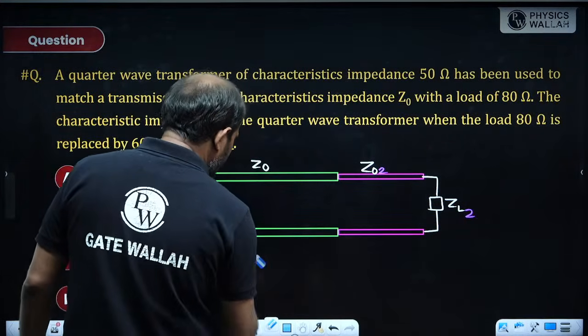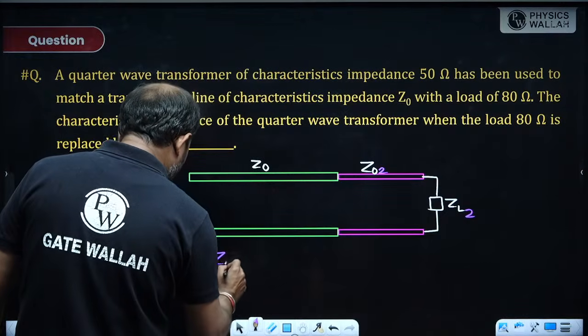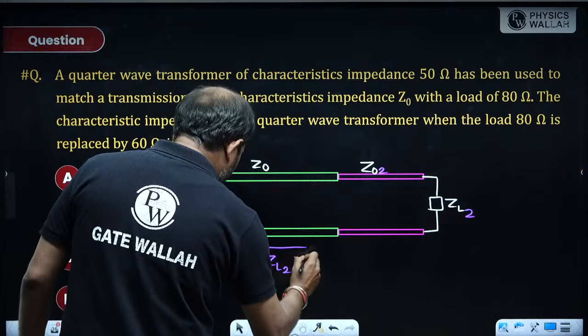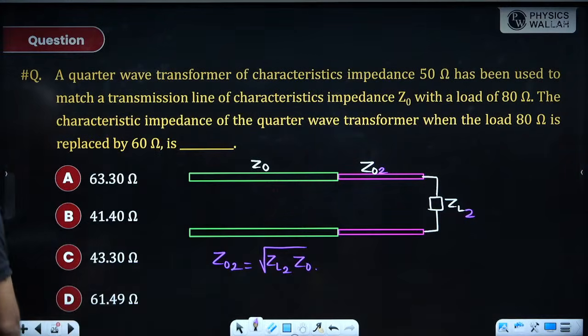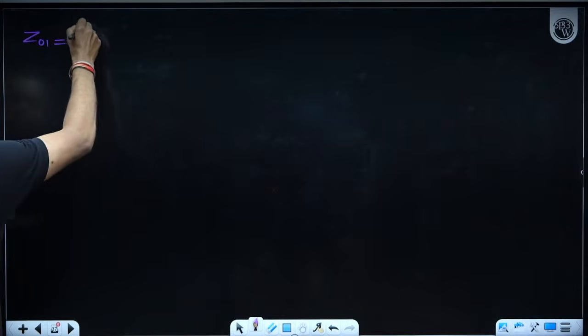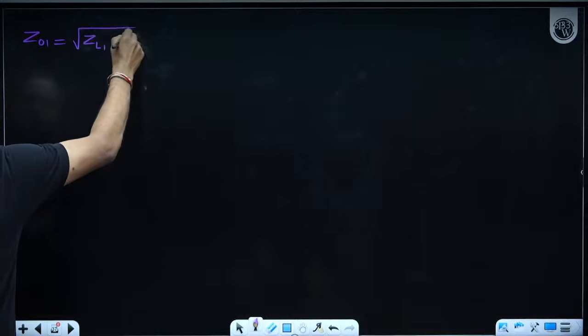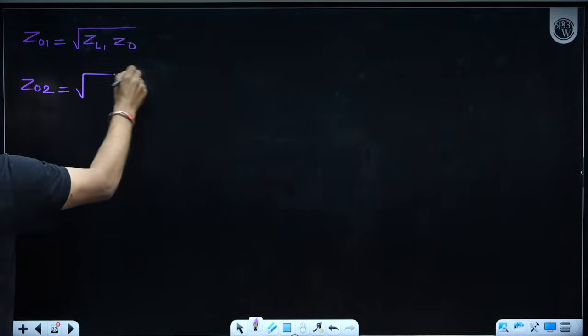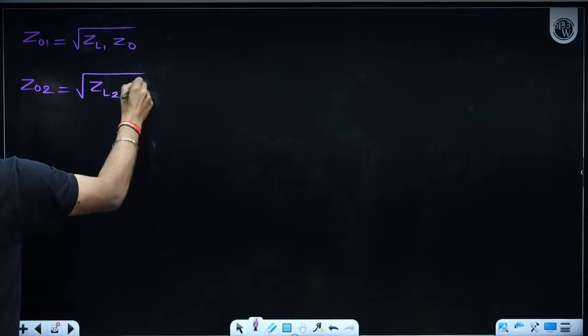So we have Z02 is equal to under root ZL2 into Z0. So we have Z01 under root ZL1 into Z0, and we have Z02 under root ZL2 into Z0.